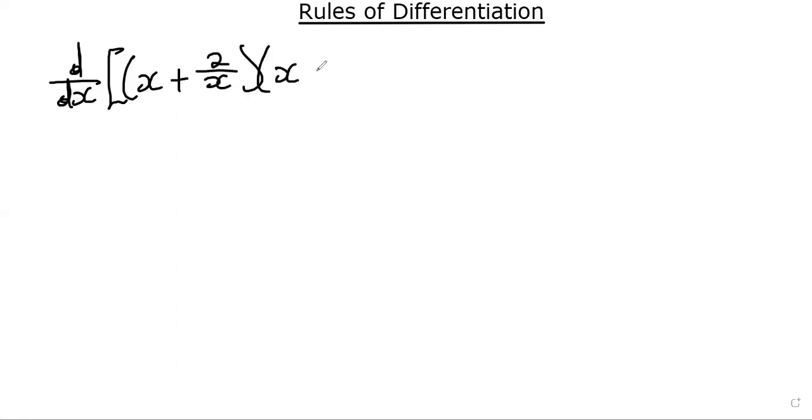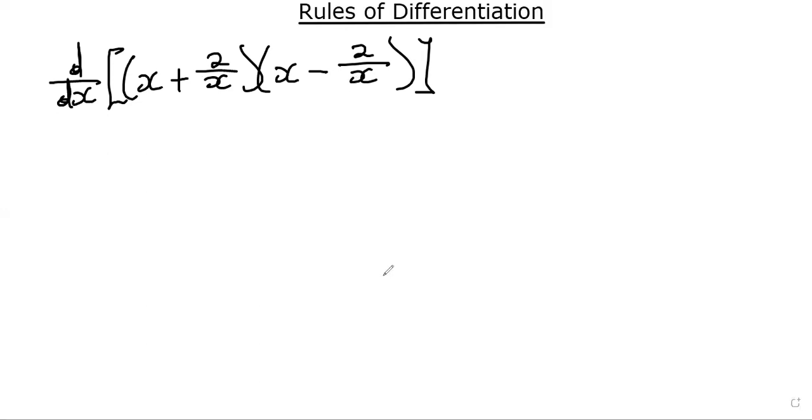So even in this case, we still want to find the derivative of a function, but this is how it's given to you. It's the derivative with respect to x of x plus 2 over x, and this is multiplied by x minus 2 over x. So here we can see brackets, and we can't differentiate for as long as we have brackets. So we need to destroy them first.